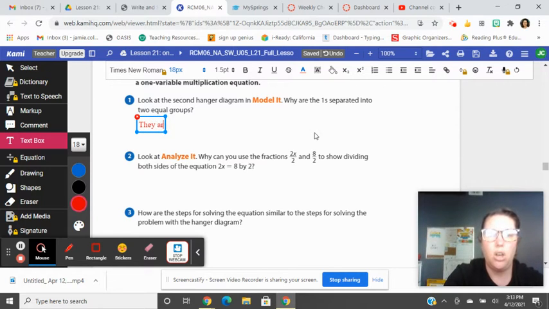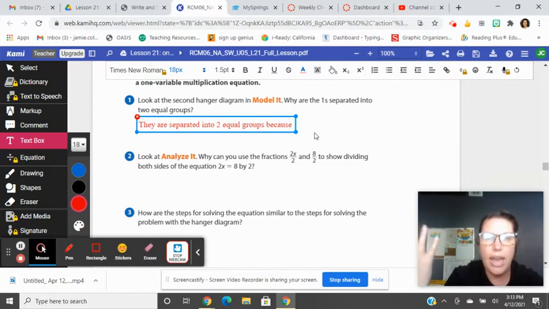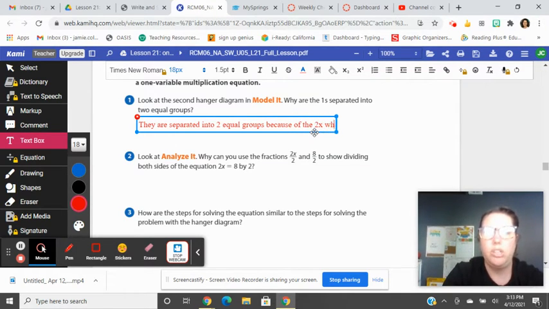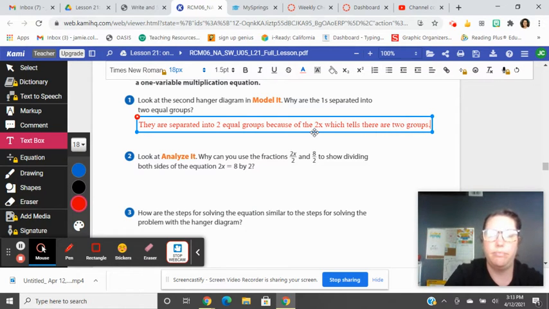They are separated into 2 equal groups because we have 2x, which tells us there are 2 groups.